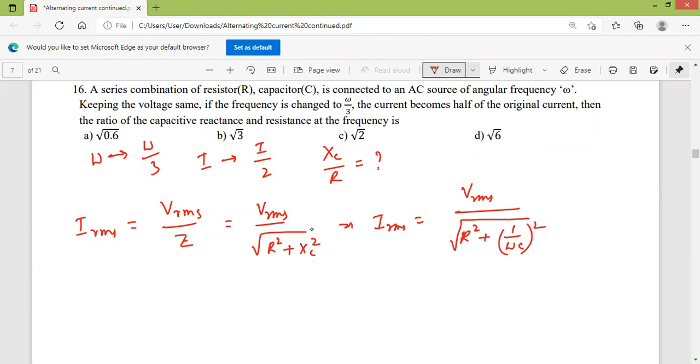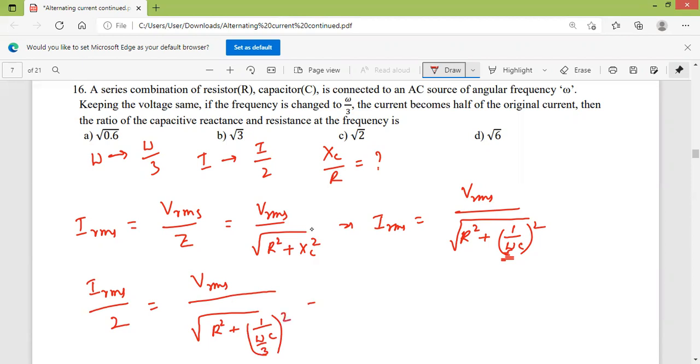Now the current becomes half, IRMS by 2, but the voltage remains the same, VRMS only. But the impedance changes, because of the change in omega. Omega becomes omega by 3, so 1 by omega C becomes 3 by omega C, whole square.